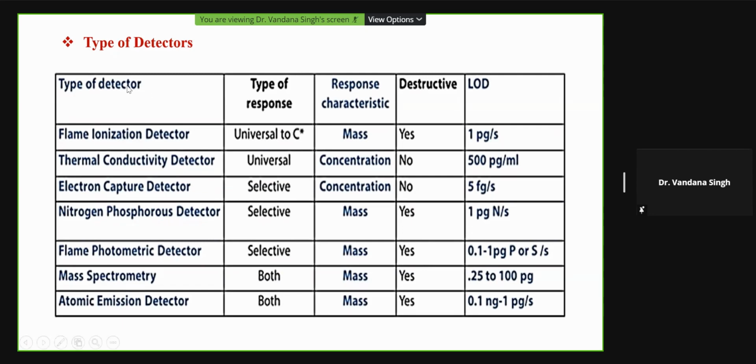So based on these properties, there are various types of detectors that can be connected to the GC system.